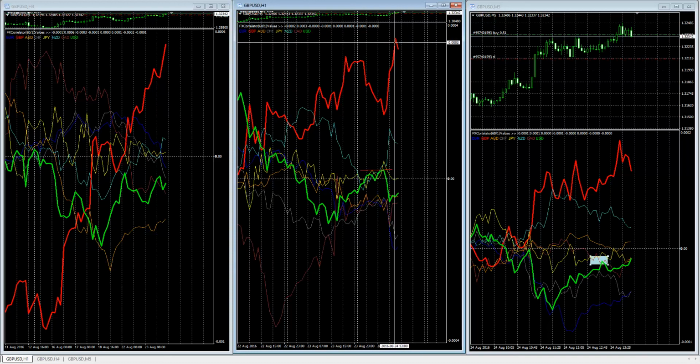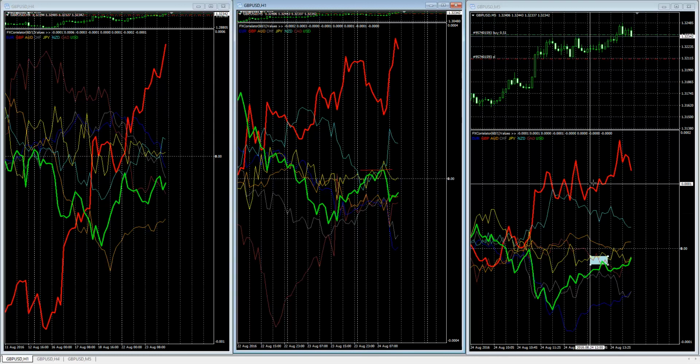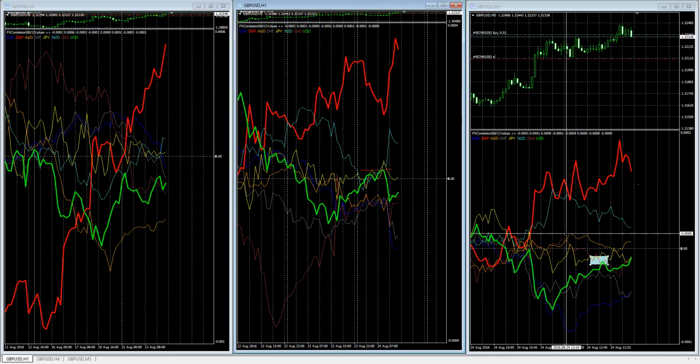Okay, and if we go to the 5 minute time frame, we see that there is absolutely dominating British pound. So now we know which currency is pretty much dominating the market. Now I want to trade this currency.